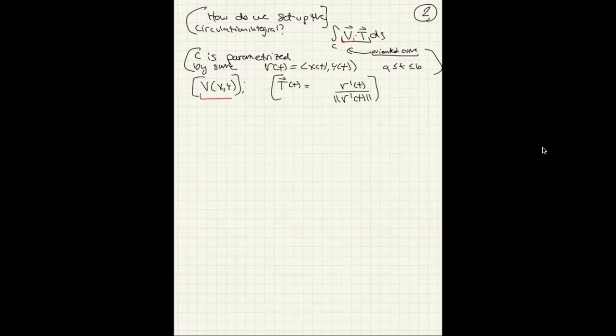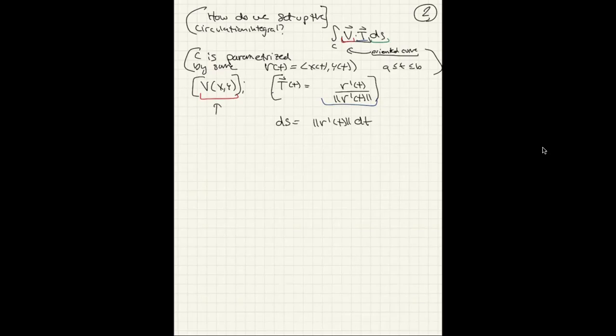That's this piece, then this is this piece, and then ds, remember from last week or whenever, is the magnitude of r prime of t times dt. You'll also want to make sure that you're subbing in so that your integral is a function of t.